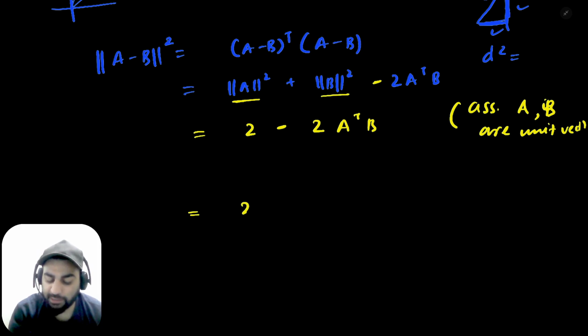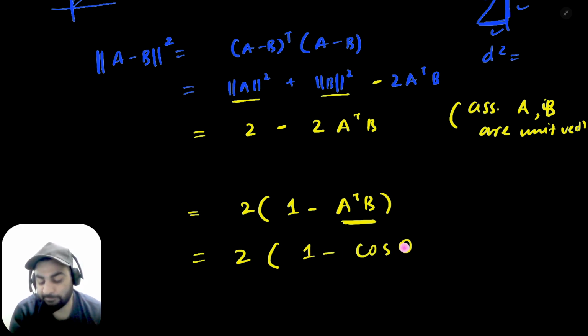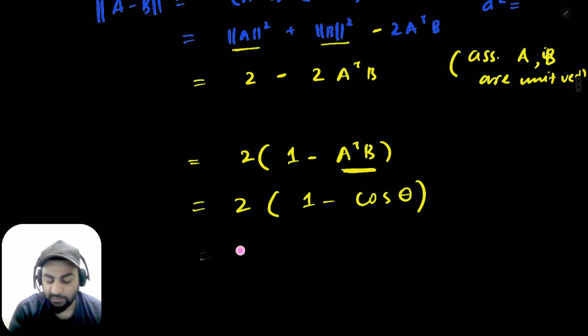So now we can take this 2 out. So this is 2 into 1 minus a transpose b. Now you know that if the vectors are unit, this is actually cos theta. So I can write 2 into 1 minus cos theta, and theta is the angle between a and b. You know what cos theta is? Cos theta is cosine similarity. So I can write 2 into 1 minus cosine similarity between a and b.